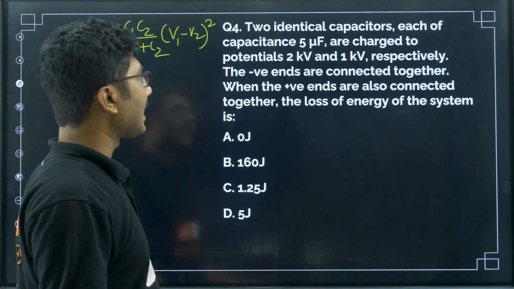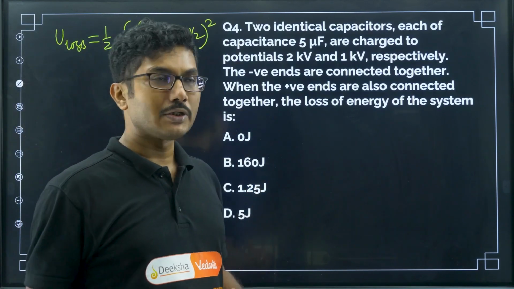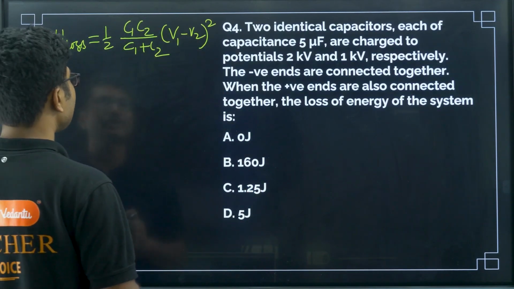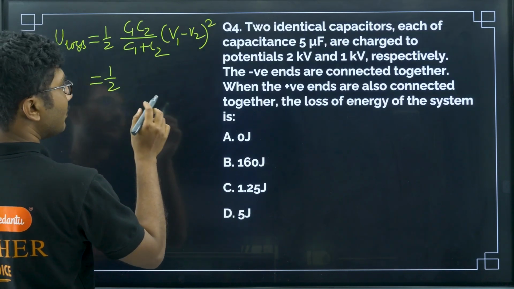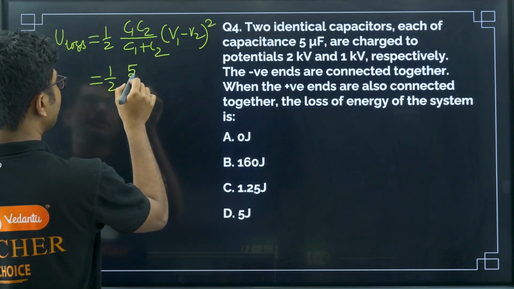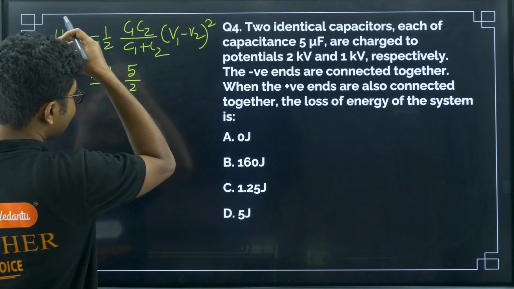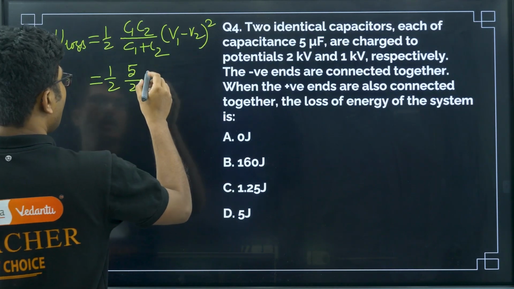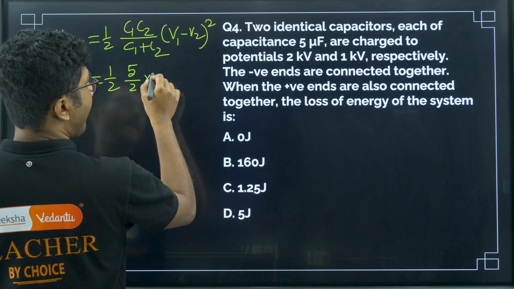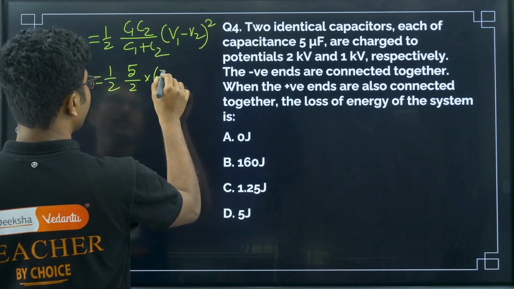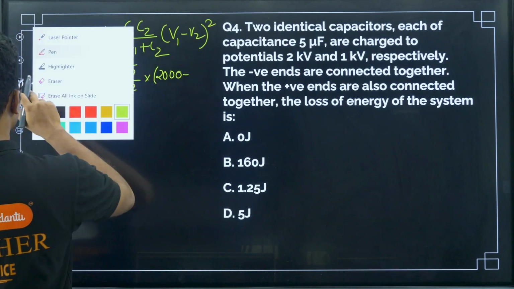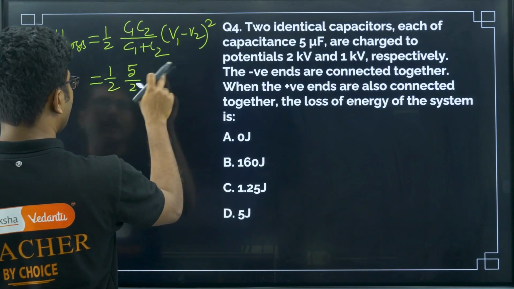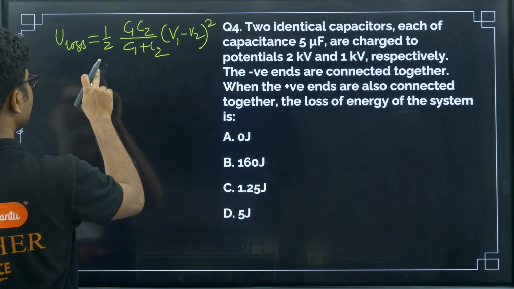The difference in potential can be V2 minus V1, it can be V1 minus V2, based on the difference in potential. So, it will be half, C1 was 5, C2 was 5. So, basically you can write this as simply 5 by 2 times 2 kilovolt minus 1 kilovolt, that means 2000 minus 1000. One more thing I have to consider, that is they are in microfarads.